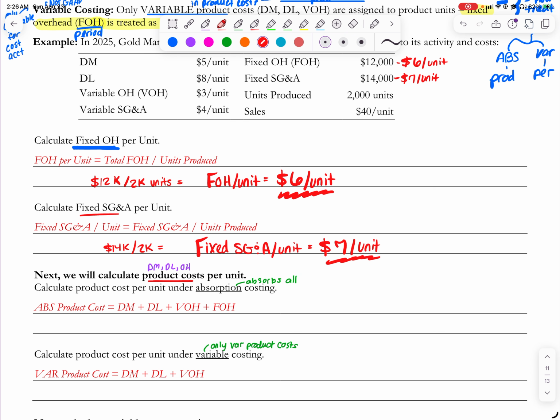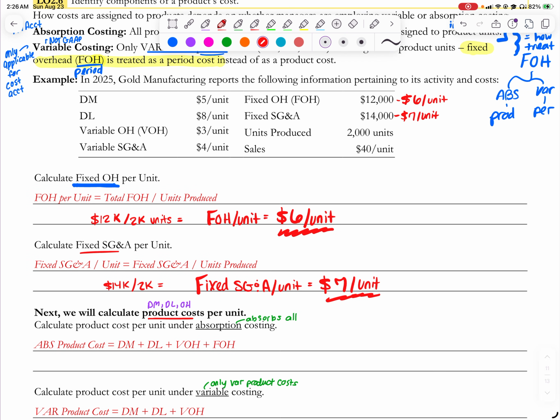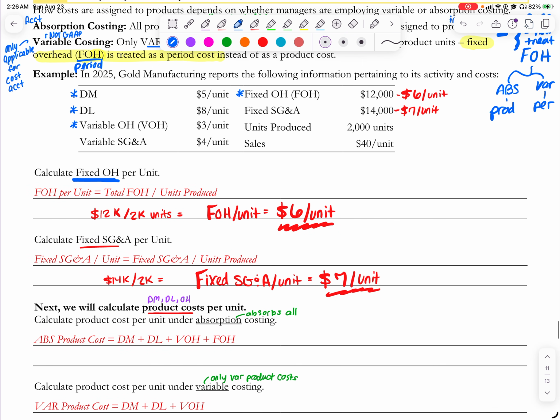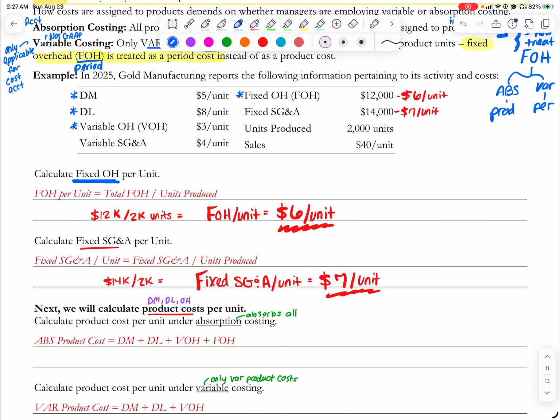So for absorption, I would include these that I'm starring. They are product costs: direct materials, direct labor, some type of overhead in general. Those would be defined as product costs in general, or more broadly.